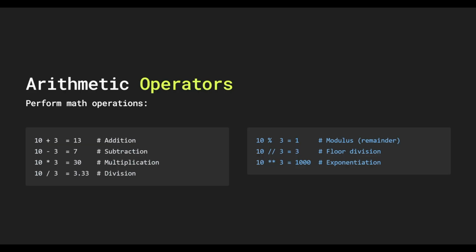It will skip the point and the digits after it. We also have the double star, or double asterisk, by which we can raise 3 to the power of 10. So these are some types of operators.